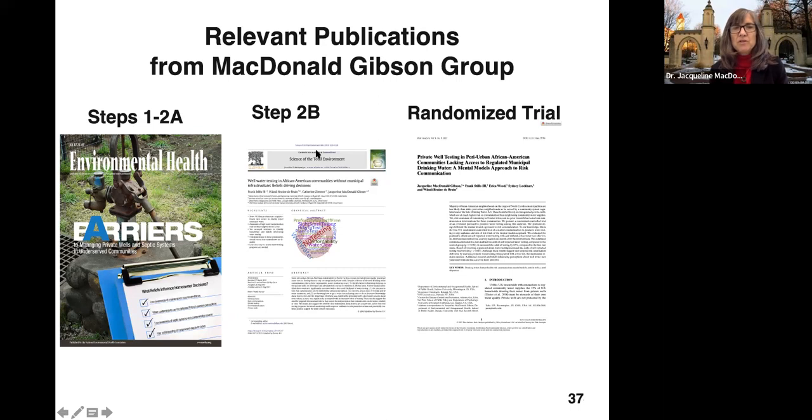Our survey results, to see if we could get at the factors that affect people's decisions to get a private well test, were published in the journal Science of the Total Environment. And then just a few months ago, most recently, the results on the randomized control trial were published in the journal Risk Analysis. I'm happy to send anybody who contacts me copies of these articles. And with that, I will take questions.